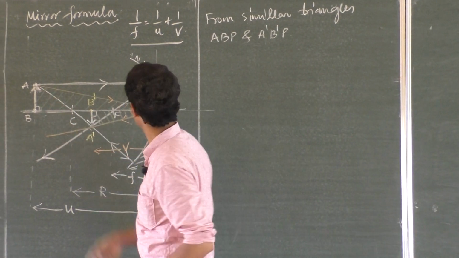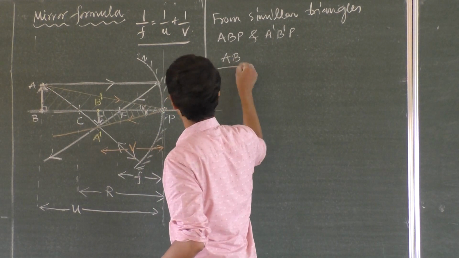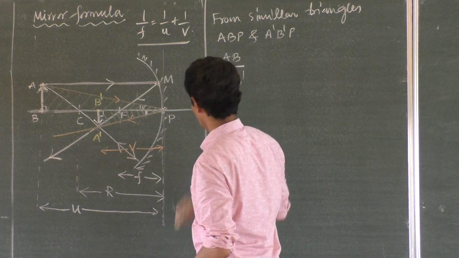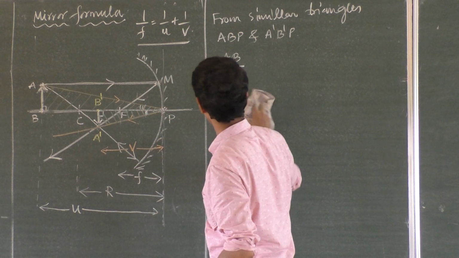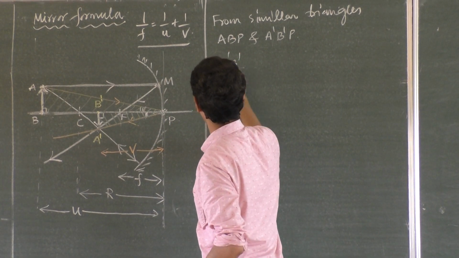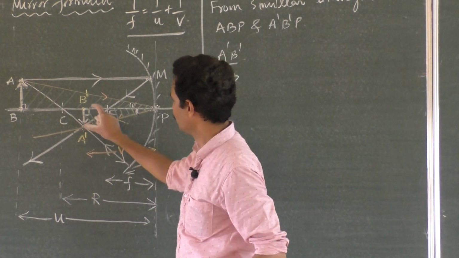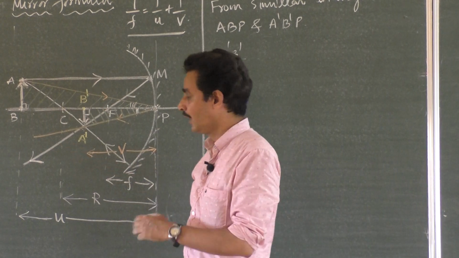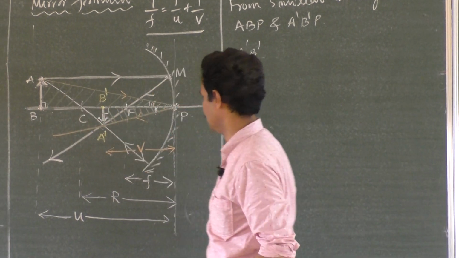So how larger this AB is compared to this A'B', or I can write it in a reverse way: A'B' by AB. This is smaller and this is larger, from this triangle this side divided by this, how larger this is compared to this.